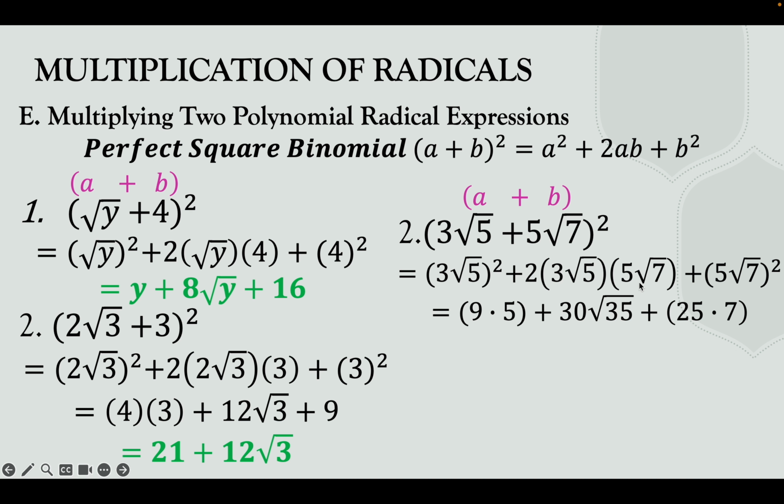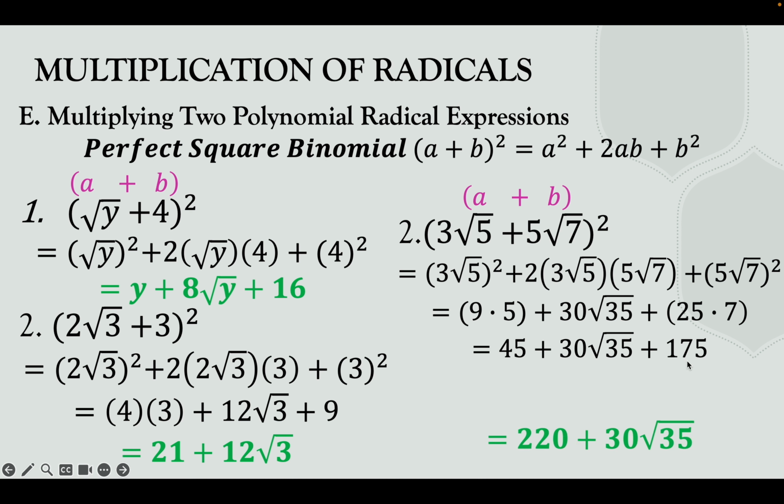Square root of 5 times square root of 7, we have square root of 35. Plus 5 squared is 25 and square root of 7 squared, so we have 7. So 9 times 5, we have 45, plus 30 square root of 35, plus 25 times 7, we have 175. So simplify 45 plus 175, we have 220 plus 30 square root of 35.